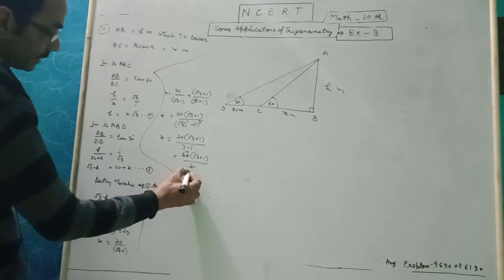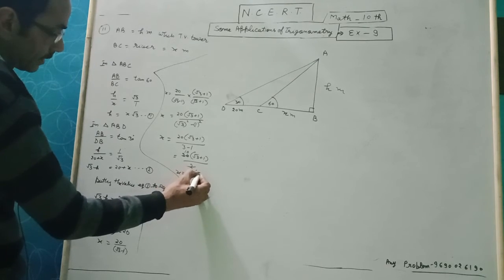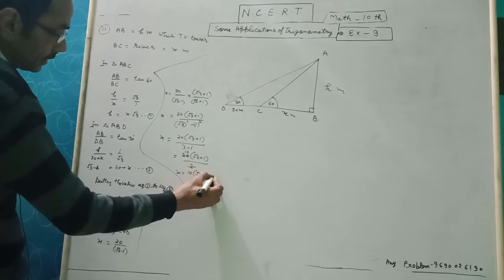X value is 10 bracket under root 3 plus 1 meter.